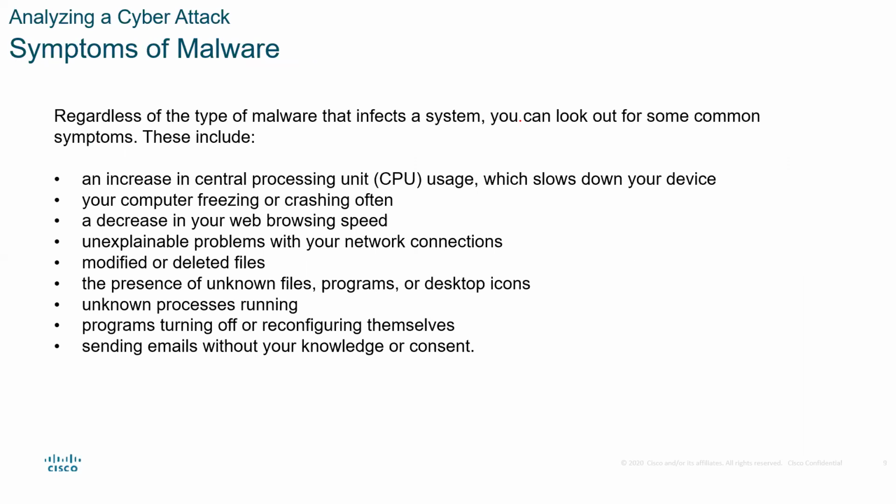These are the malicious software we have mostly around. Now, there are some symptoms that your system will begin to exhibit if it is infected by any or multiple of these malwares. Regardless of the type of malware that infects a system, you can look out for some very common symptoms. Number one, an increase in central processing unit, that is your CPU usage, which slows down your system.